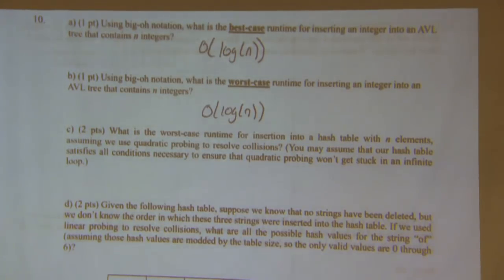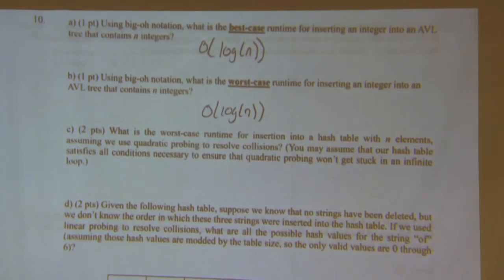Worst case runtime for insertion into a hash table with n elements, assuming that we use quadratic probing. All it says is that we can assume our hash table satisfies all the conditions necessary to make sure that quadratic probing doesn't get stuck in an infinite loop, which is a possibility.